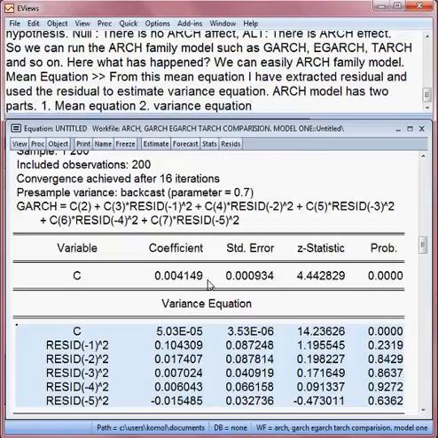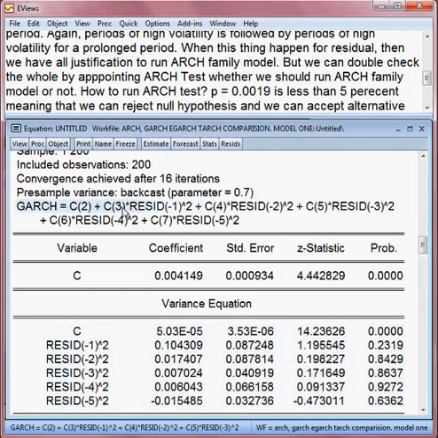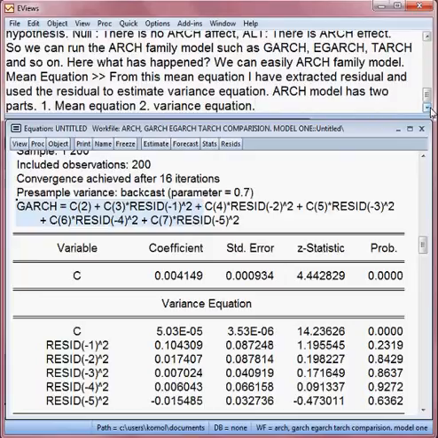Okay, so now the question is, this model is actually the ARCH model, right? There are 5 ARCH terms, and here there is no GARCH.